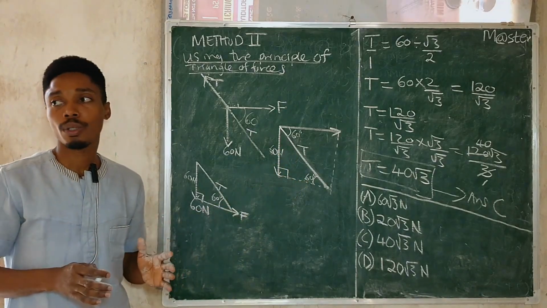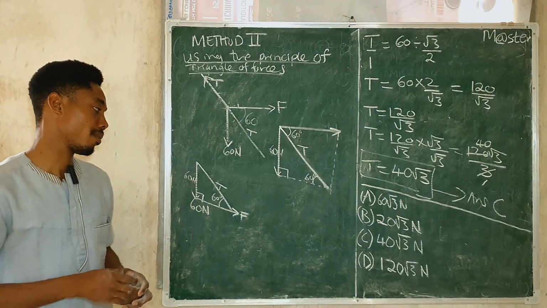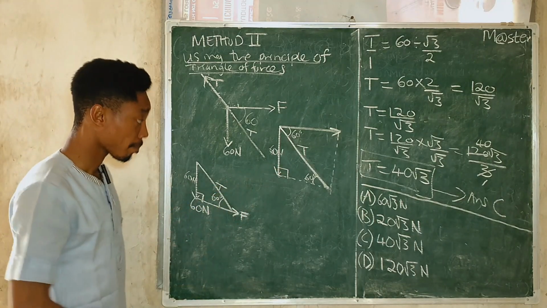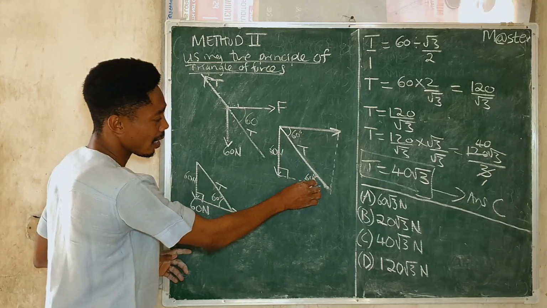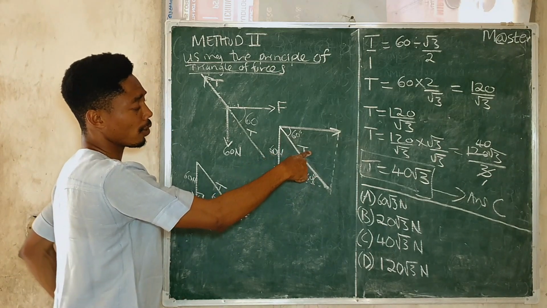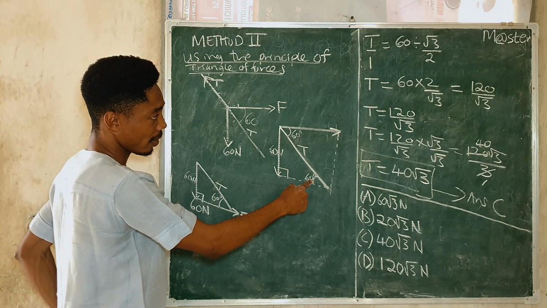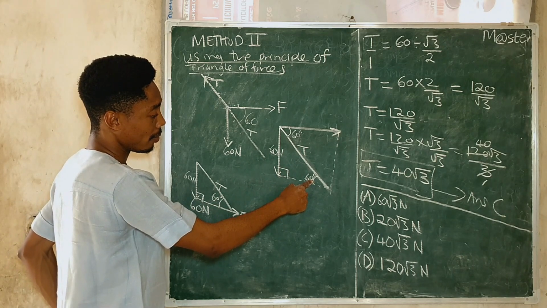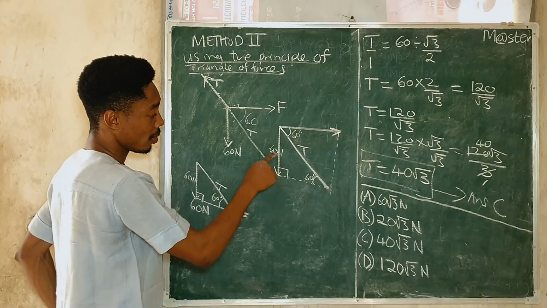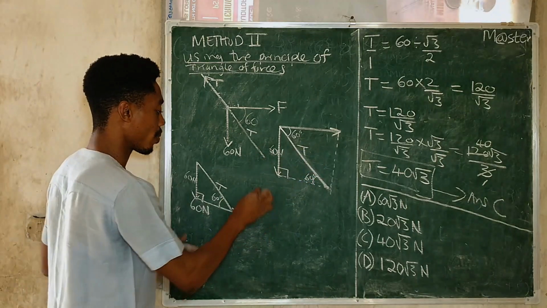We can also look at triangle of forces in that perspective. So from there, this is theta, this is 60 Newton. Remember, I'm looking for tension. So what connects 60 degrees, which is theta, to 60 Newton and this tension?